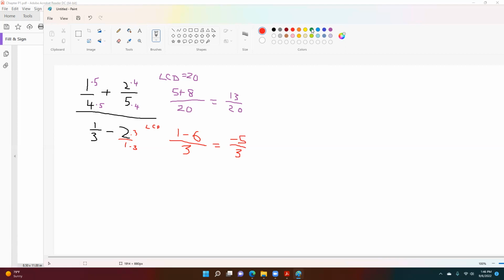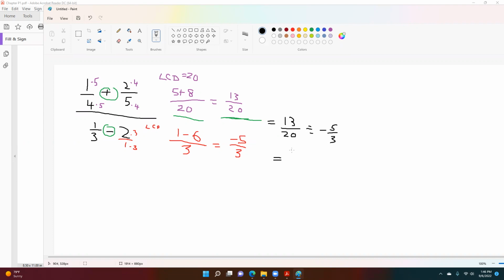This is where I mentioned that you have to get them into single fractions. Originally, you don't have a single fraction here due to the plus or the minus sign. Once you get them into single fractions, then you take the numerator and divide it by your denominator.